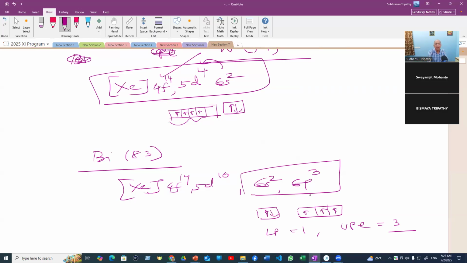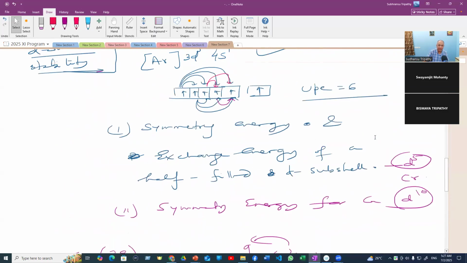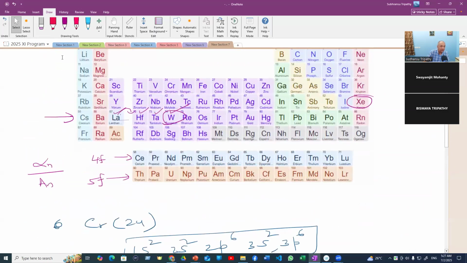In some cases, like in group 6, as you find, it is a little different. Chromium, molybdenum, they have 6 unpaired electrons. This is 4s1 3d5, this is 5s1 4d5, but here there is no anomaly. This is 6s2 and 5d4. So there are 4 unpaired electrons.